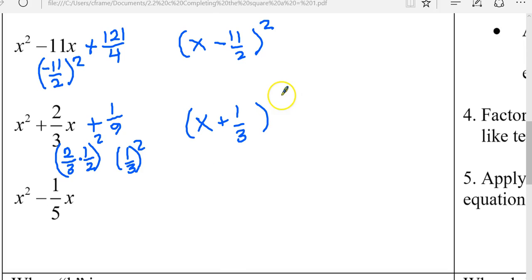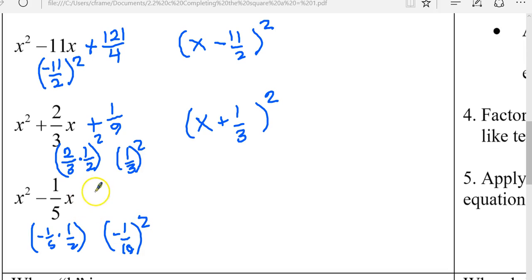X plus 1/3 quantity squared gives us the perfect square of that trinomial. Last problem, we're going to take -1/5 and multiply it times half. That gives us -1/10, and we square it. That gives us +1/100, and then we factor it. X minus 1/10 quantity squared. So we've created perfect square trinomials and then factored them as squares.